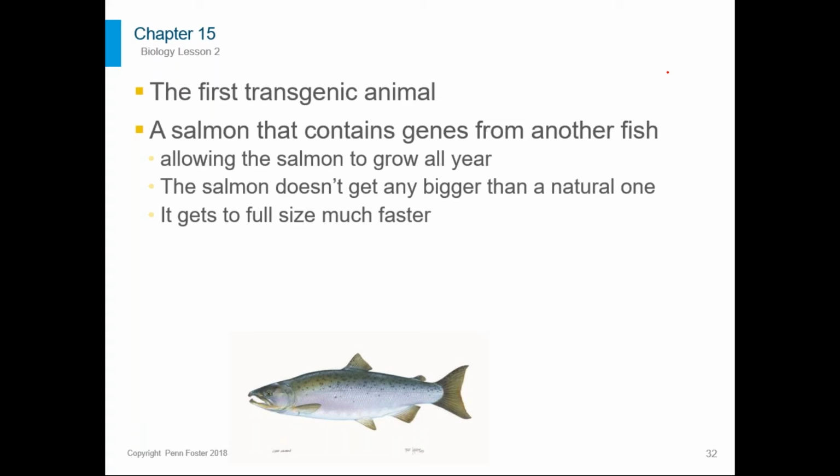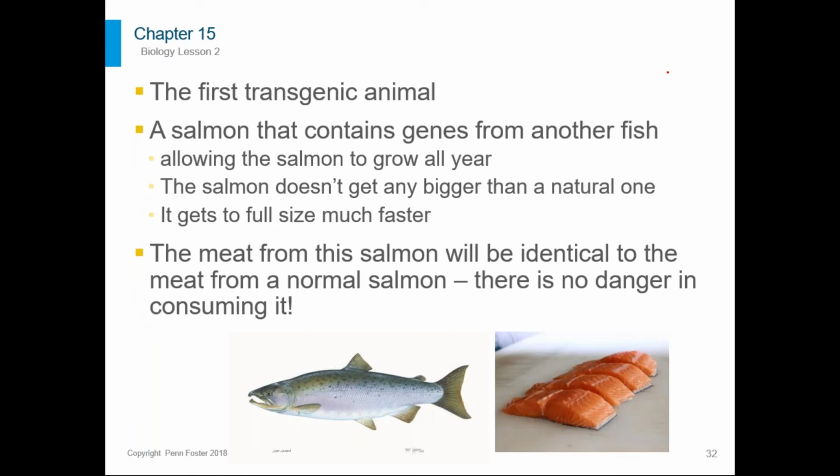Again, you're only changing that one aspect, just making its genes tell it to keep growing all winter. There's nothing else different about the salmon. The meat from the salmon will be identical to meat from a normal salmon. There's no danger of consuming it.